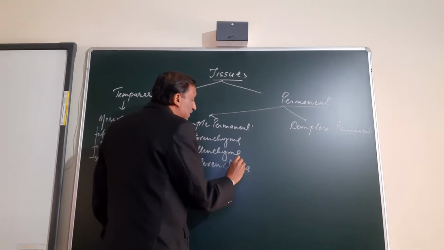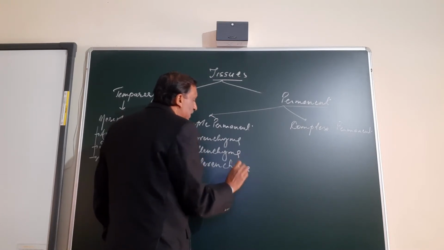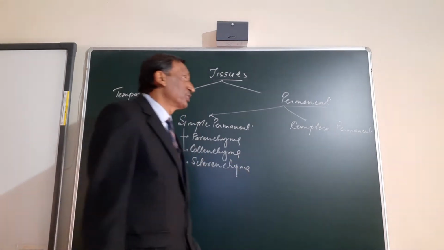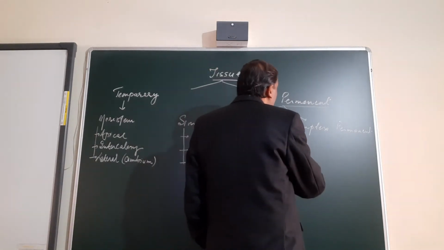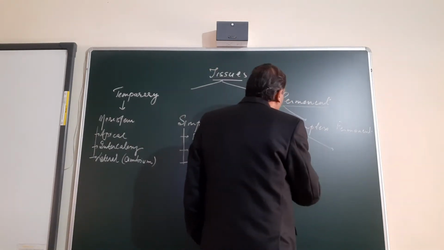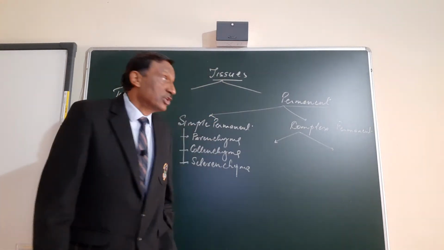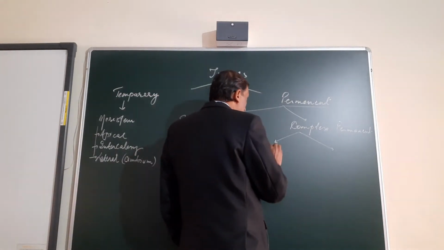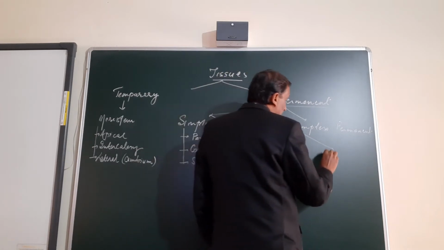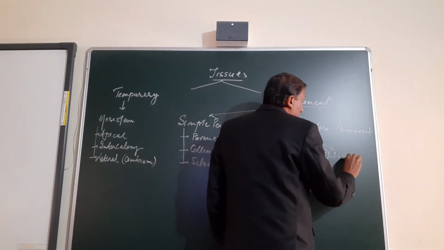So they have only one kind of cell, that is, all the cells are alike and they are performing a similar kind of function. Whereas complex permanent tissues are those which have more than one kind of cells and they are performing different types of functions. So they are of two types, xylem and phloem.